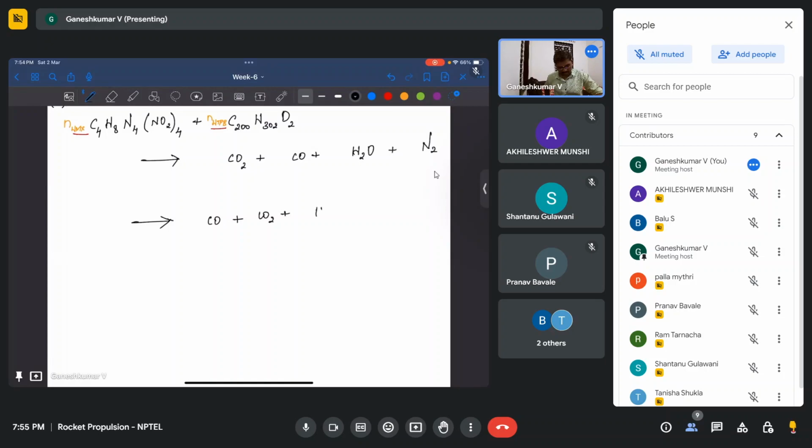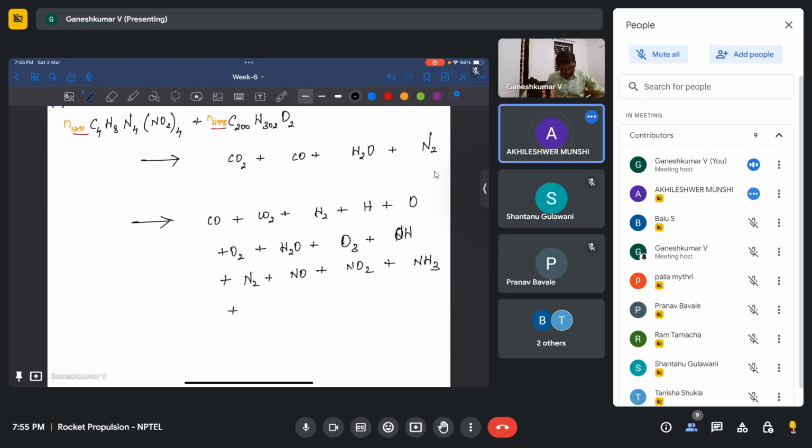You will have H2, H, O, O2, H2O, O3, ozone also could form, and OH, which is actually an important radical. Also N2, NO, NO2, and NH3. All of this could form.